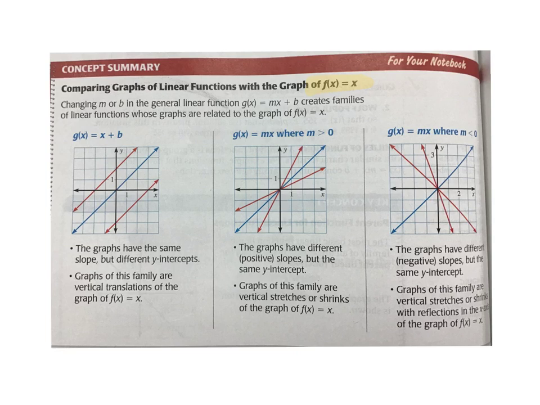So the first one is very similar to what we did. This would be considered parallel because they have the same slope. These have different slopes, but they all have the same y-intercept. This one over here has different slopes because some of them are negative, but they all have the same y-intercept. This is just something for you to keep in mind when you're graphing.